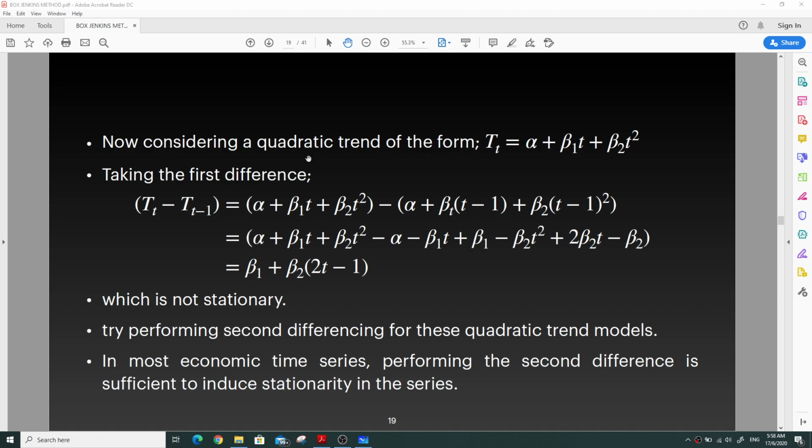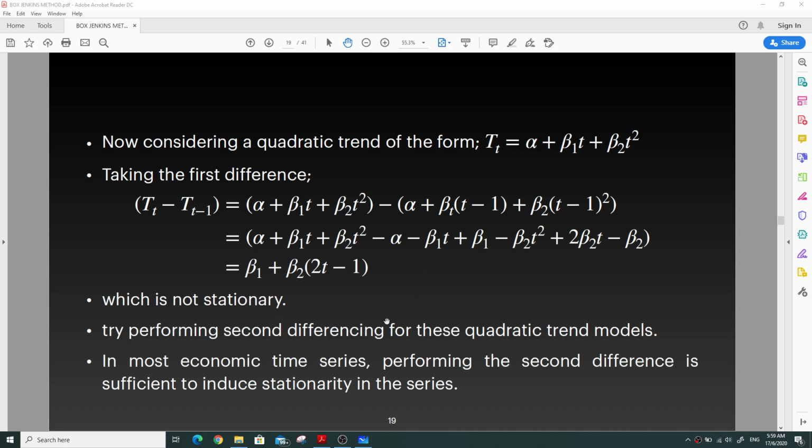So what if we have this quadratic trend? As we can see here, even though we perform the first difference, the t term is still there. The trend component is still in the equation even though we already performed the first difference. It means that it is not stationary.